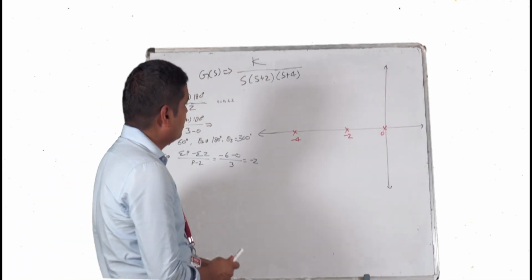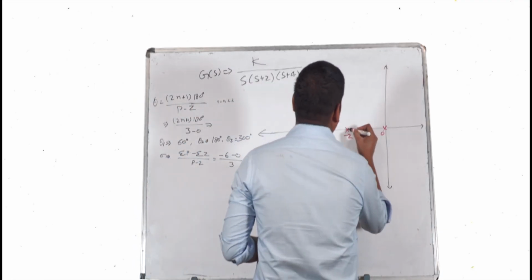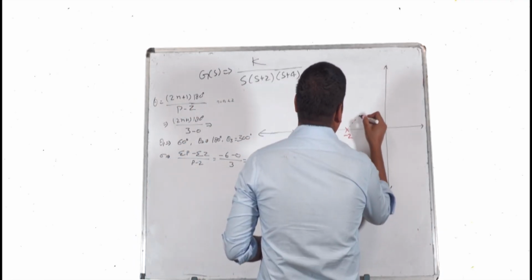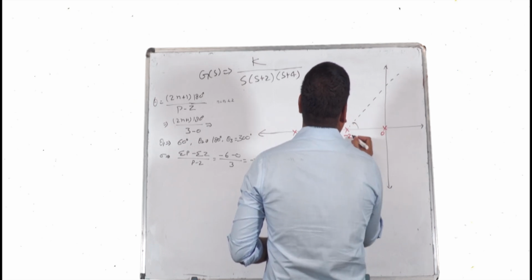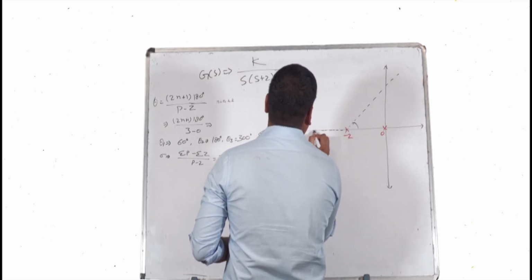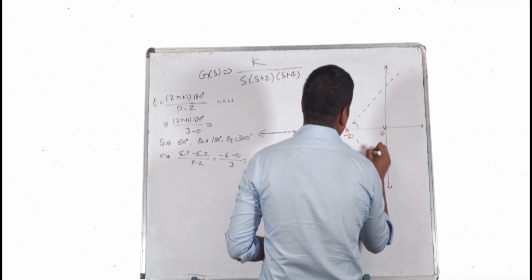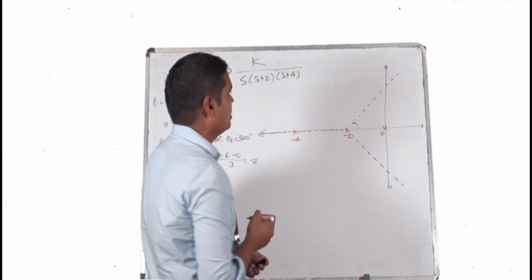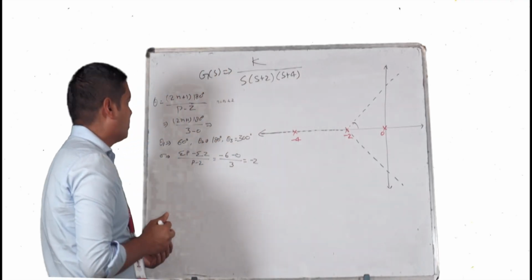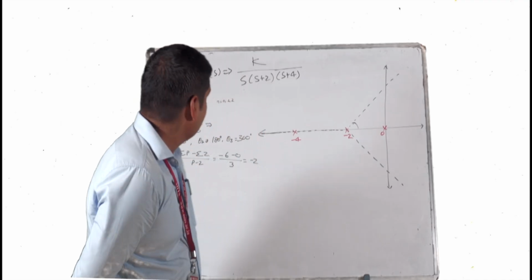So now let us draw all the asymptotes. With 60-degree angle, first asymptote will go like this, and the second asymptote will go along the real axis like this, and the third asymptote will be a mirror of the first asymptote. So all the three asymptotes we have drawn from the minus 2 point.